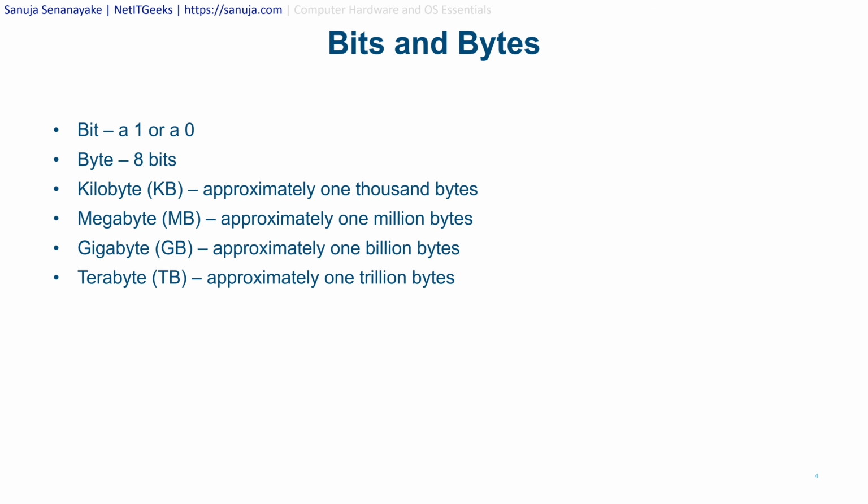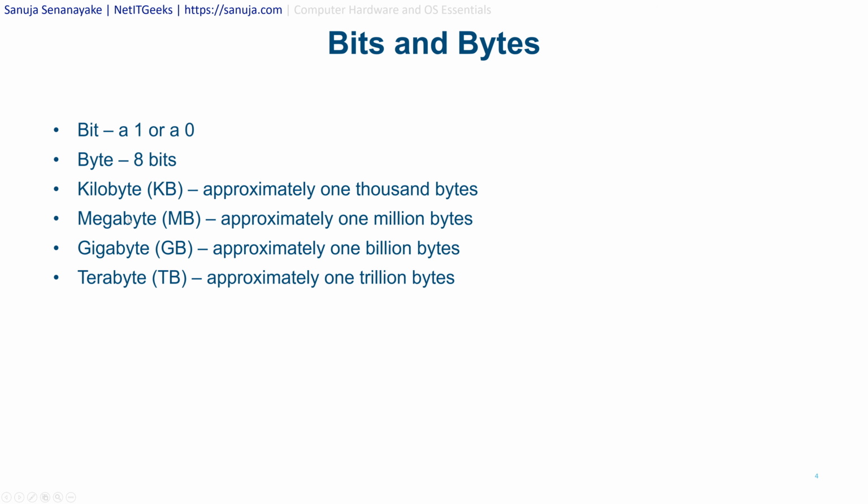Computers interact with bits and bytes because they can easily represent digital signals. A bit is either a 1 or a 0. A byte has 8 bits in it. So if somebody asks you what's the difference between a bit and a byte, a bit is either 1 or a 0, and a byte contains 8 of those bits.